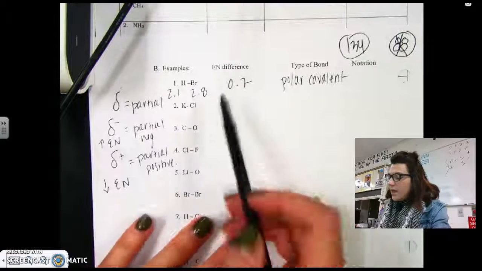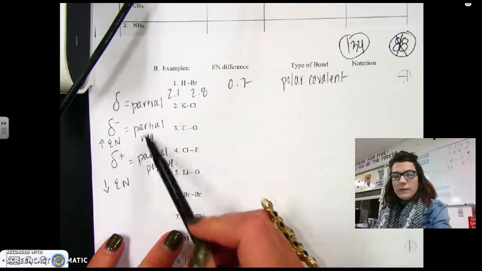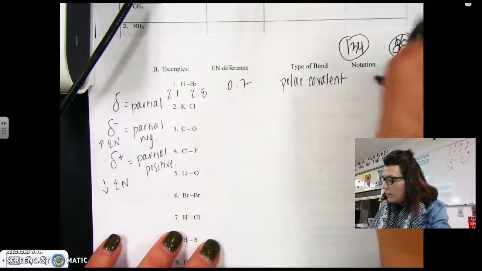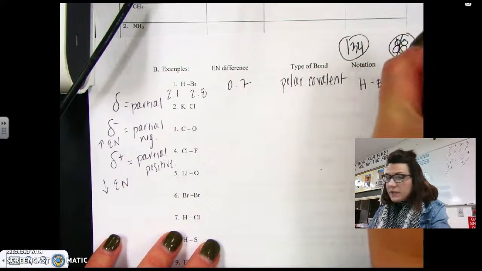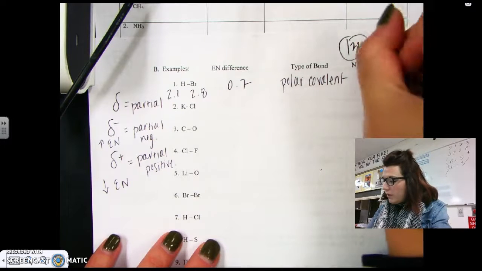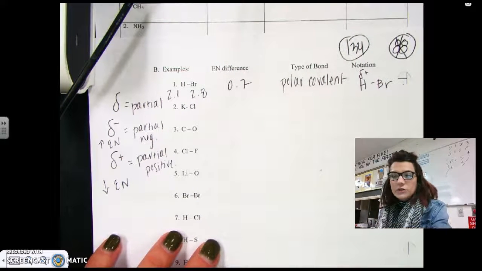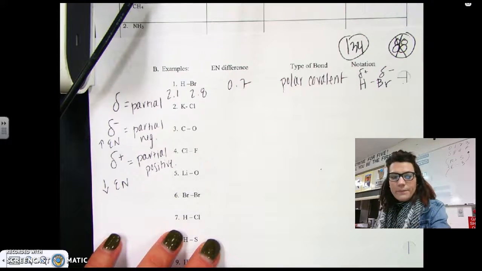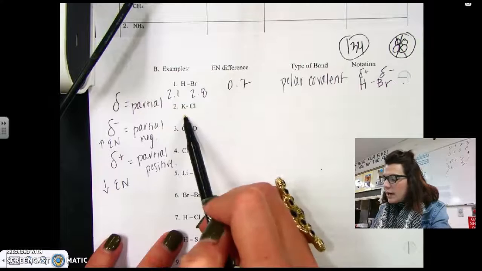So again, if bromine has a 2.8, it's going to become partially negative, where hydrogen will become partially positive. So I will write it like this. I'm just going to illustrate my bond with hydrogen having a partially positive charge and bromine having a partially negative charge, okay?